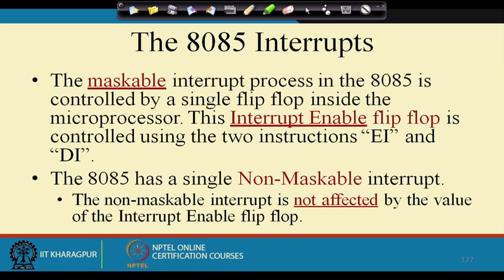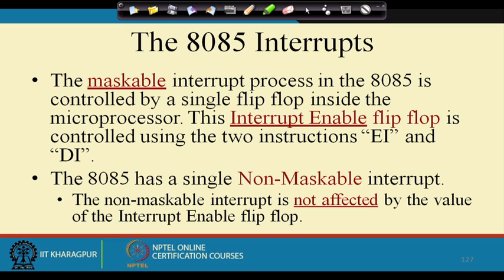In case of 8085, there are a number of interrupts, some of which are maskable, some of which are non maskable, and these maskable interrupts are controlled by one flip flop known as the interrupt enable flip flop. This flip flop is not directly accessible by the user, but the user can use instructions like EI and DI to enable and disable the interrupt.